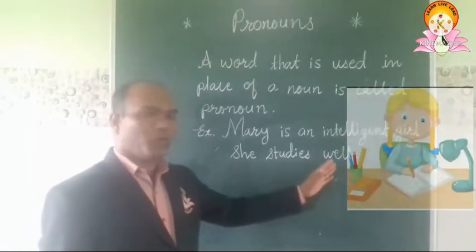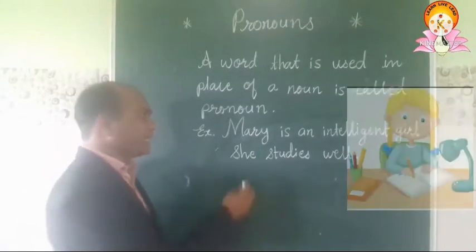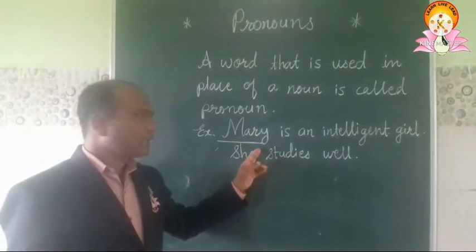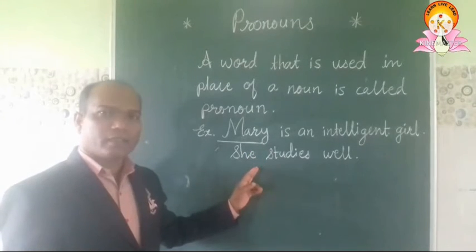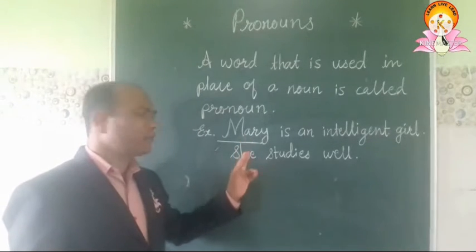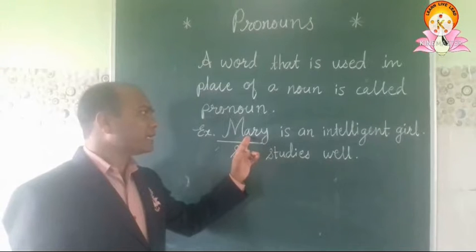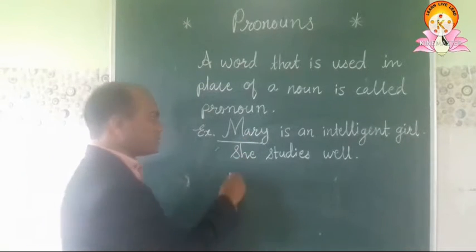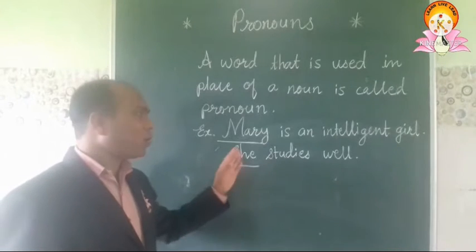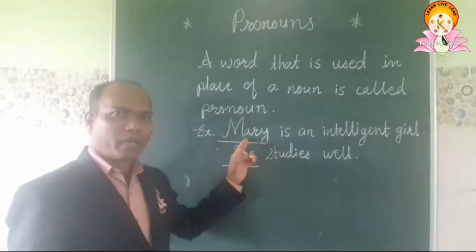She studies well. Here in the first sentence, Mary is a proper noun, and in the second sentence there is again a reference to that same proper noun. So instead of Mary, the pronoun she is used to avoid the repetition of the same proper noun.